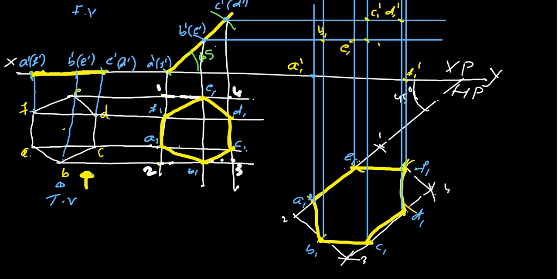B and E, C, D. A little confusion is there, but actually if you take it accurately, because I have not taken it accurately, your hexagonal can appear like this. Okay, so in the front view, if you see it from this angle, the front view will appear like this. Okay, so thank you for watching.